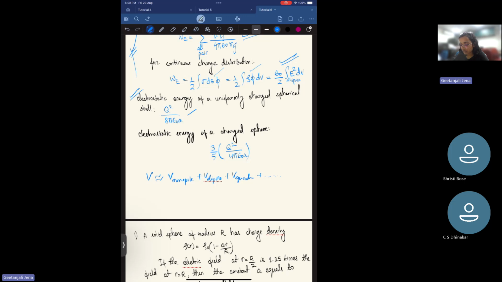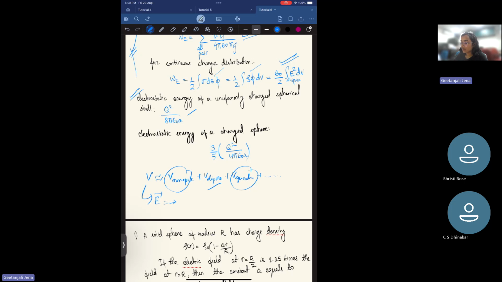Whenever the monopole term is zero, the dipole term dominates. Whenever the dipole is also zero, the quadrupole term dominates the potential. This is how you can approximate the potential for a complicated case, and from that you can find the electric field and the other parameters.